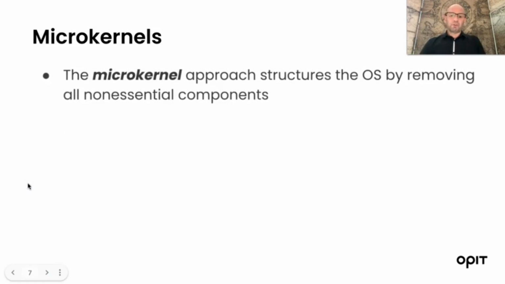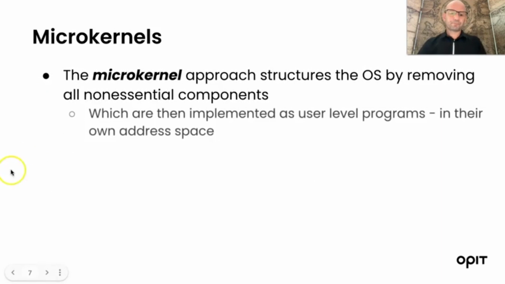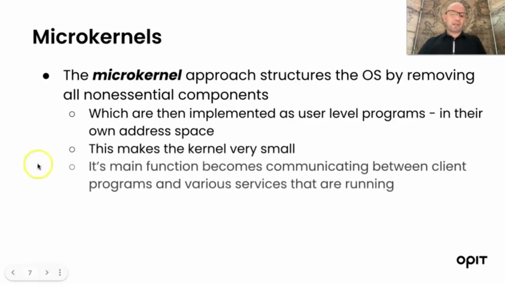The microkernel approach structures the operating system by removing all non-essential components. The non-essential components are implemented as user-level programs, and so they have their own address space. So we keep the kernel very small, and its main function then becomes communicating between the client programs and the various services that are running. It acts kind of like an intermediary.